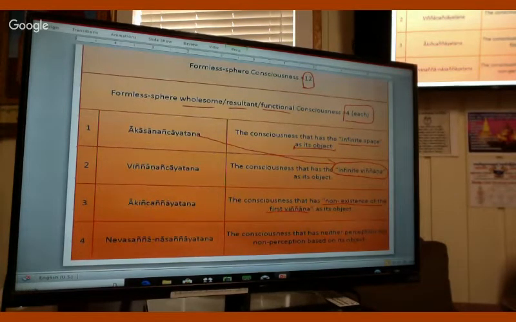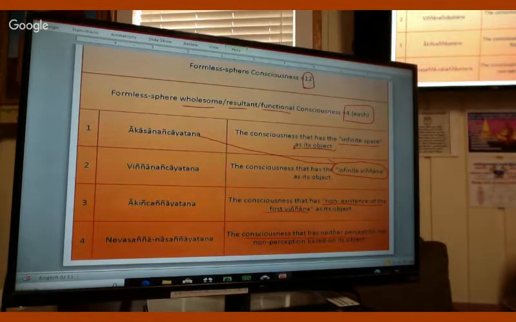It's hard to put into words. This kind of experience doesn't fit into a word. We try to find some words for that state of mind. And then the fourth one, Nevasanya Nasanyayatana, is also more subtle. That's why it's more subtle.